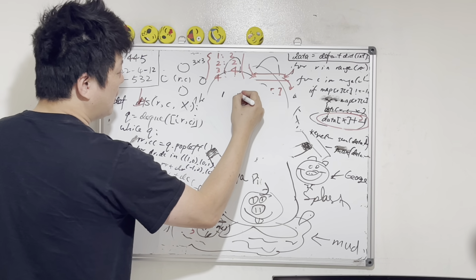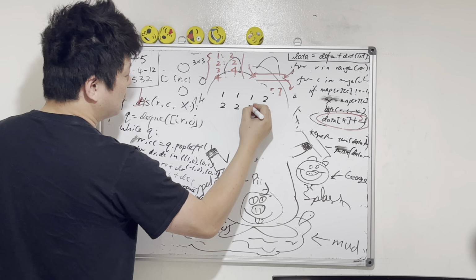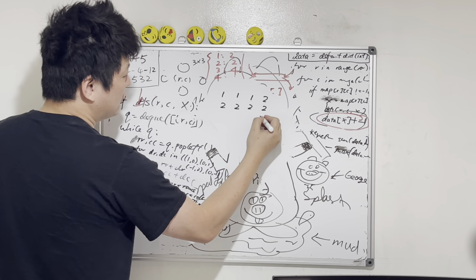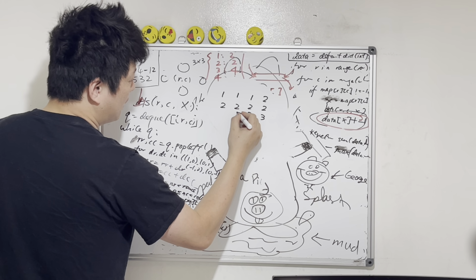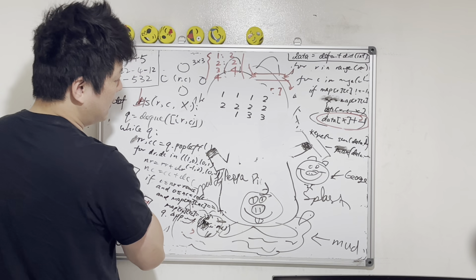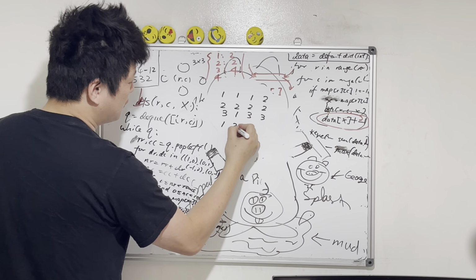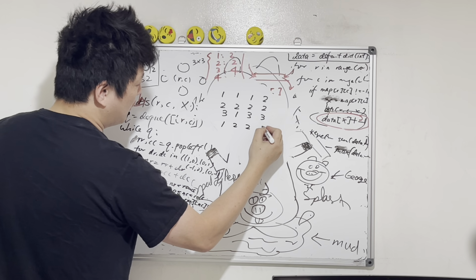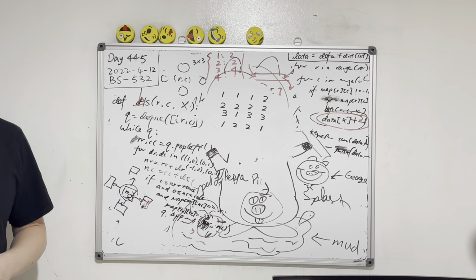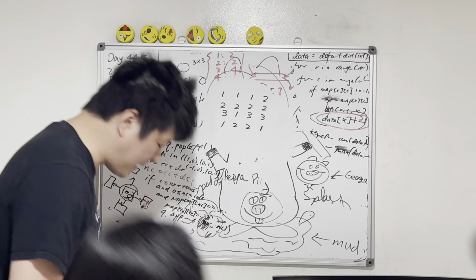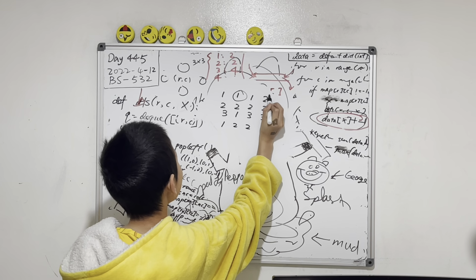The grid is 1, 1, 1, 2, 2, 2, 2, 2, 3, 3, then 1, 3, 1, 2, 2, 1. So which color do we want to keep? Let's just go through the algorithm to see.